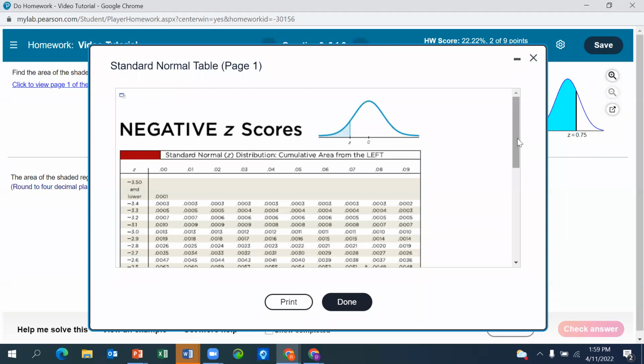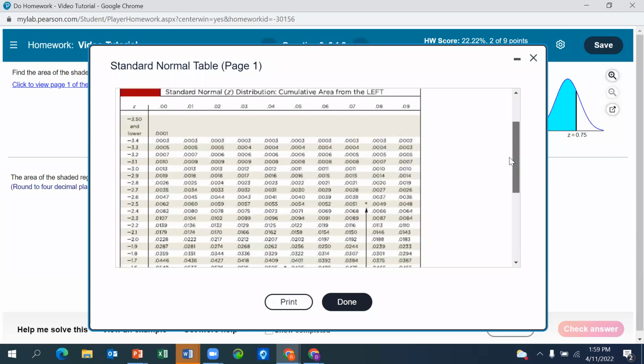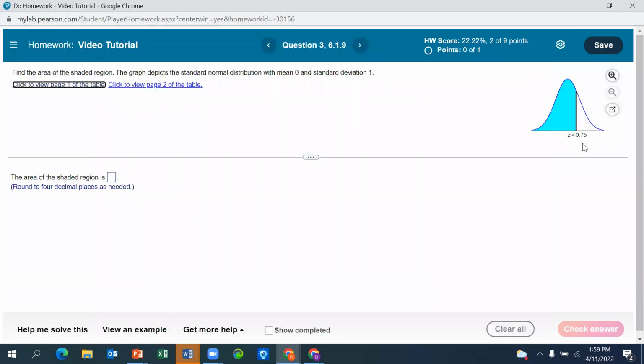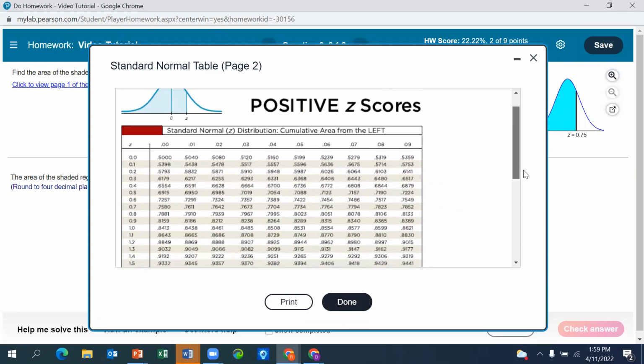So this is what you do if you are dealing only with that table. I cannot use this one because this is a negative z. I have here a positive z. I have to select the second one. So 0.75. And remember, this gives me the cumulative area to the left. So I have to go to 0.75. Let's go ahead and do this.